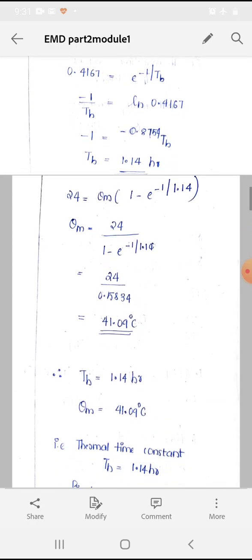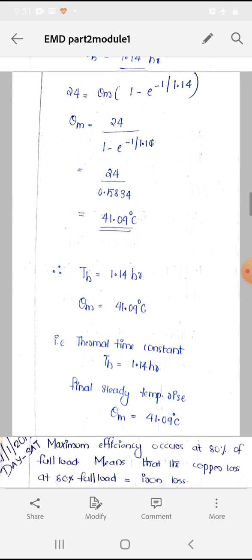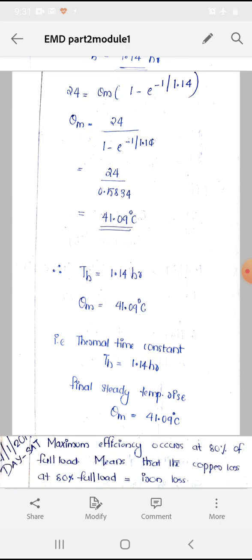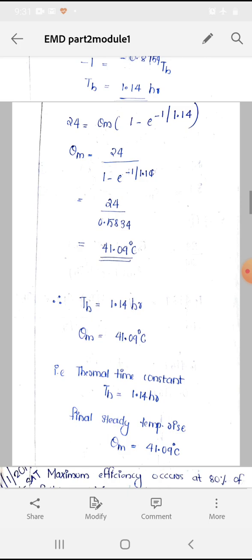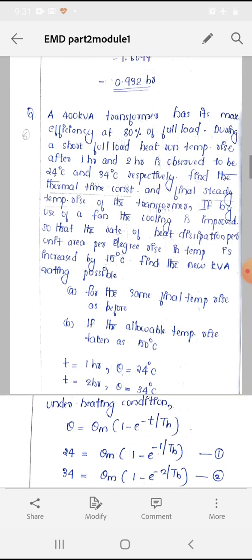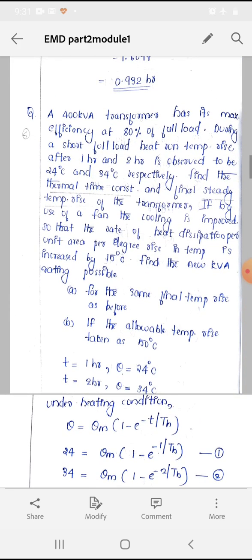So now we got Th and theta m. Th is the thermal time constant, and theta m is the final steady temperature rise. Now we need to find the new kVA rating. To find the new kVA rating, there are two possible conditions they have given.